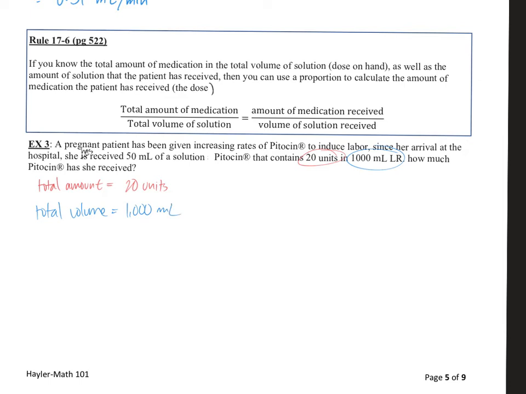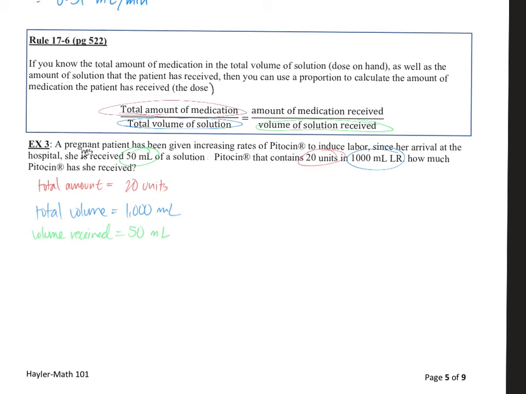And lastly, we know that the volume of the solution received was 50 milliliters. Okay, we can go ahead and set this up in our proportion. So volume received is going to be on the bottom here, then volume of total solution, and then total amount.